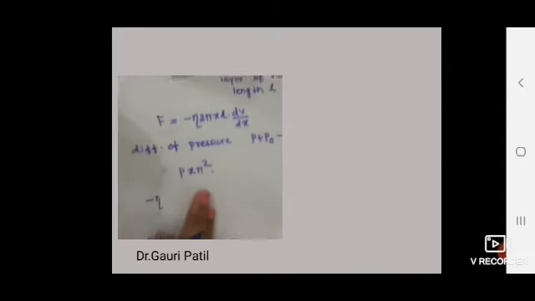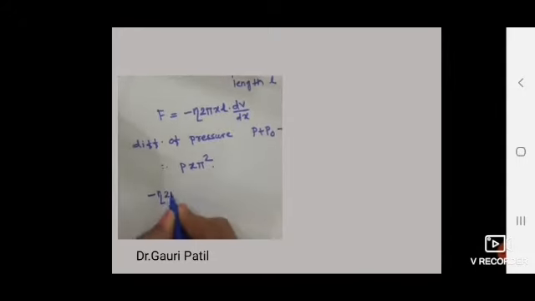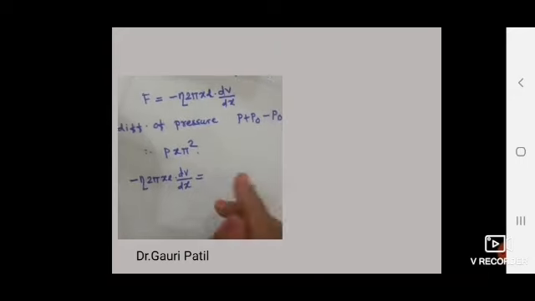Therefore we can write minus eta 2 pi x L into dV by dx equals the force P pi x square.